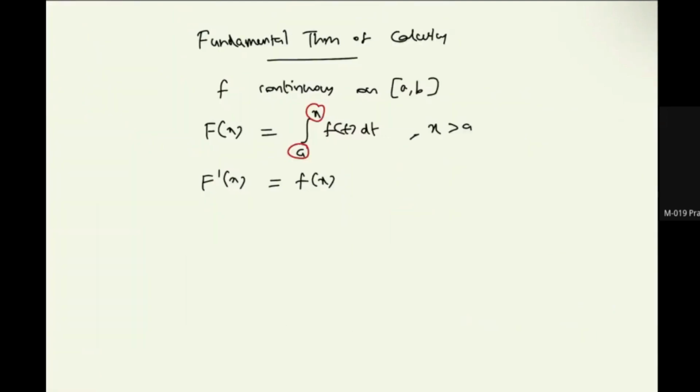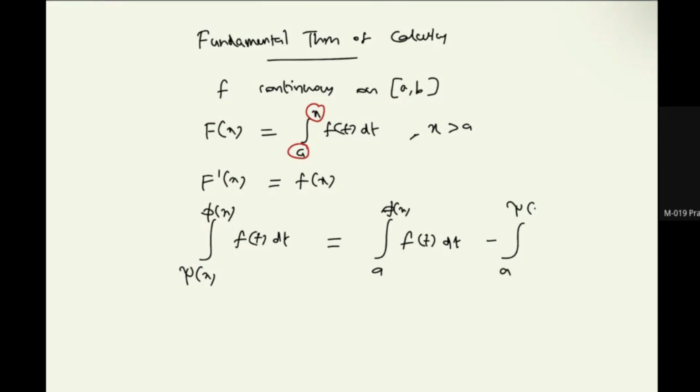In general, I'm giving some outline of the proof, not an exact proof. The integral from psi of x to phi of x, I will split into two: a to phi of x minus a to psi of x. Now I need to differentiate this.